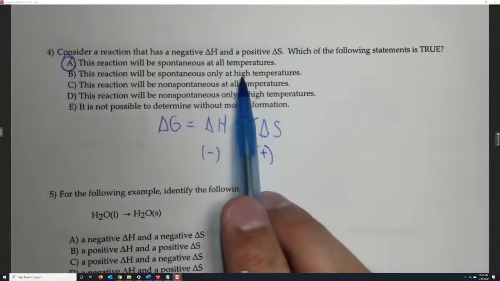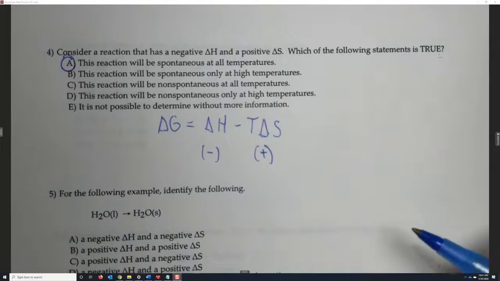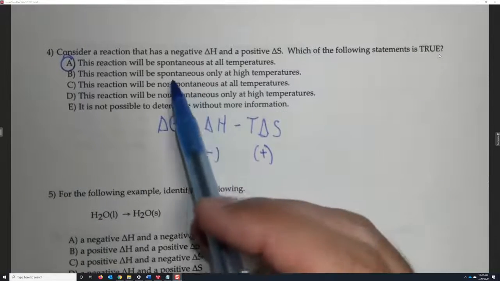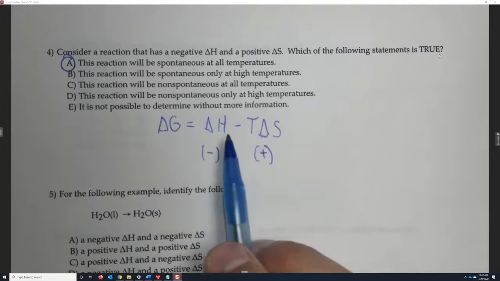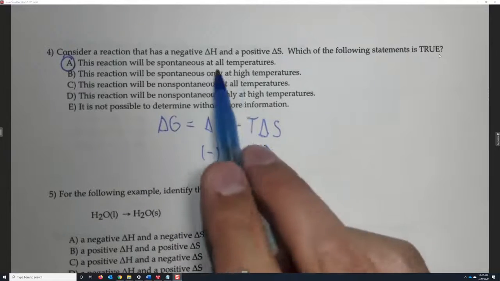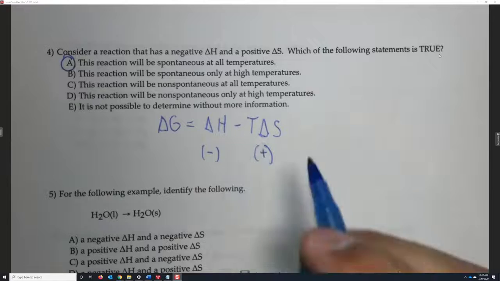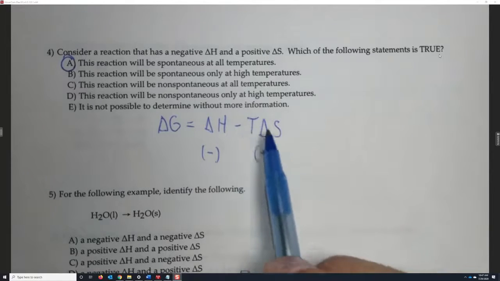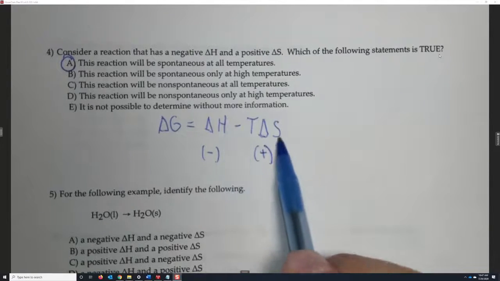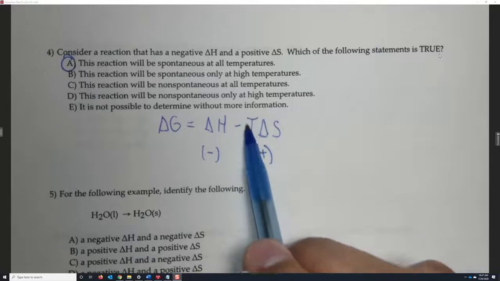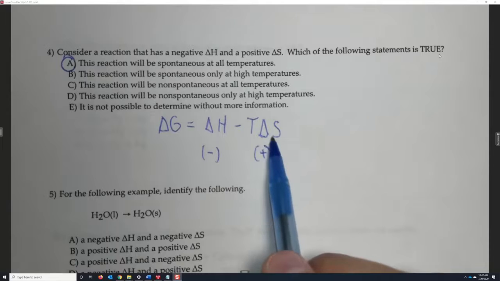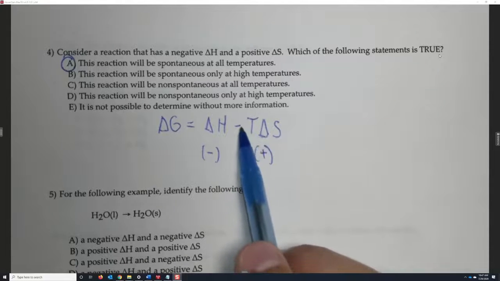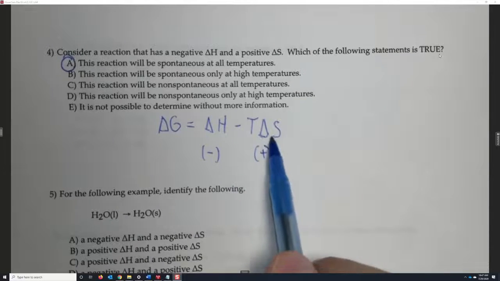This reaction will be spontaneous at high temperatures. So I know these aren't the right answers, but I figured we could go through each one of them. So let's take a look at when it'll be spontaneous only at high temperatures. In this case, that would mean that we want this value to be greater, because high temperature means high T, and therefore high T delta S. So when this is negative, this is positive.